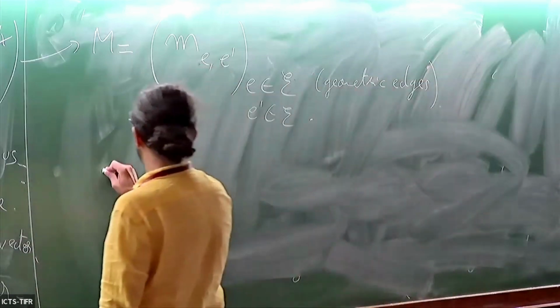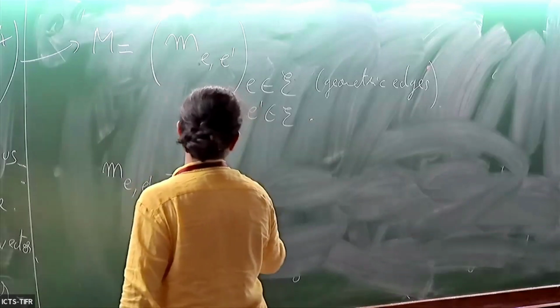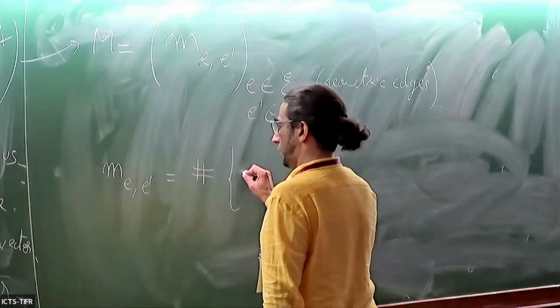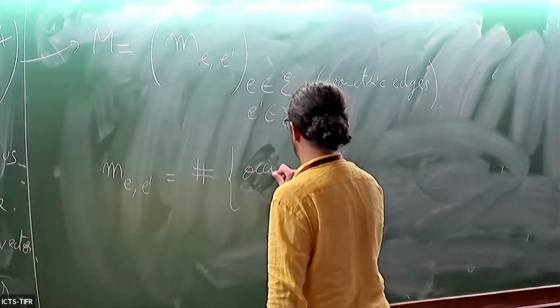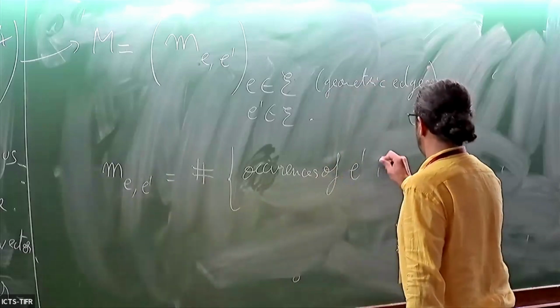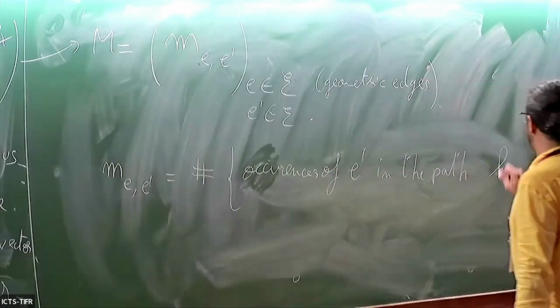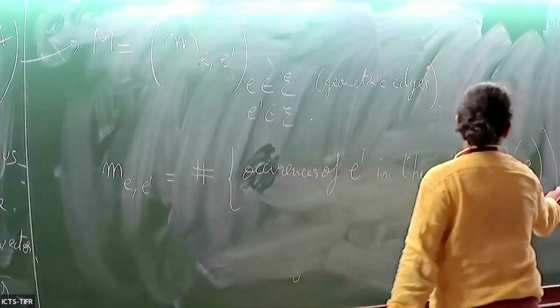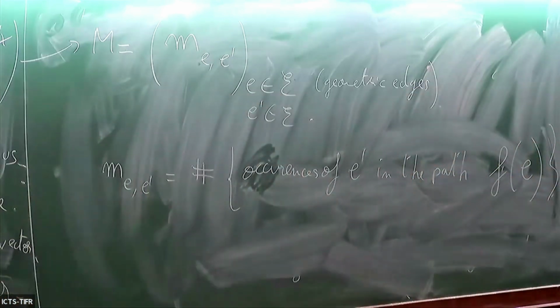What is M E prime? The number of occurrences of E prime in the path f of E. Does it answer the question? Okay.